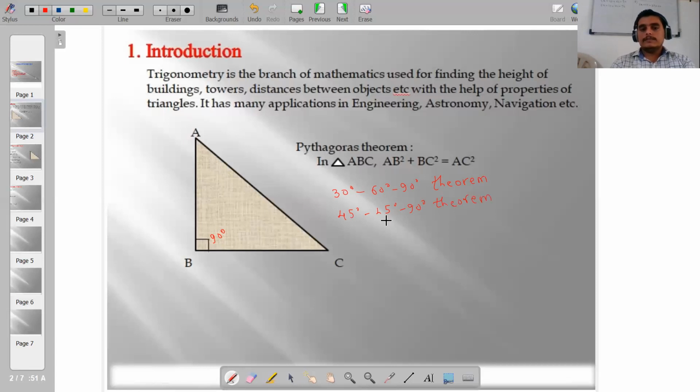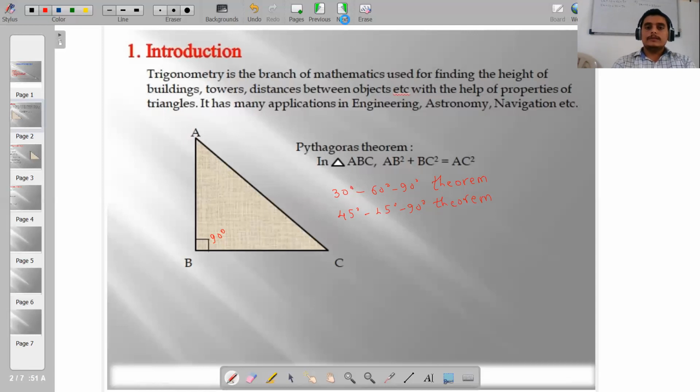We will discuss these two theorems while calculating the values of trigonometric ratios in the successive sessions. In this session, we will restrict ourselves to the basic trigonometric ratios, how to define them, and then their identities, and if possible, a few examples.